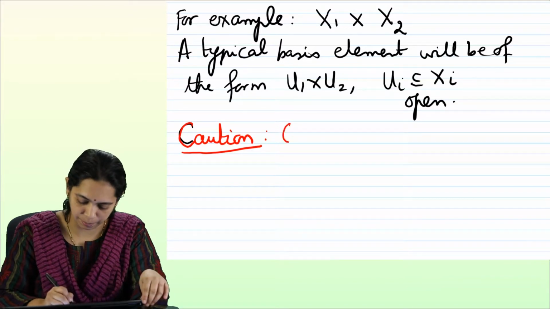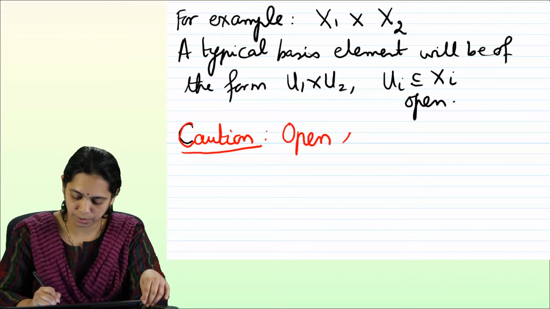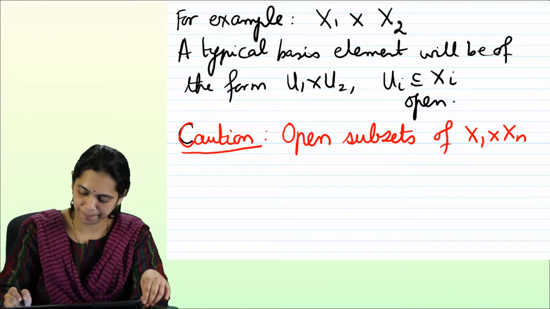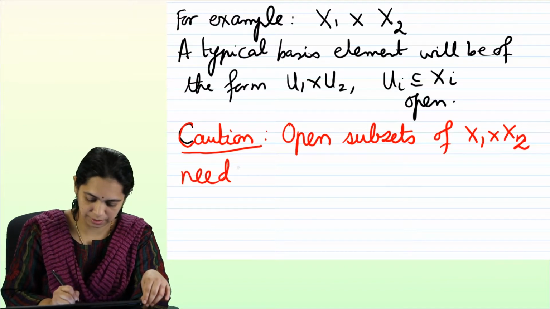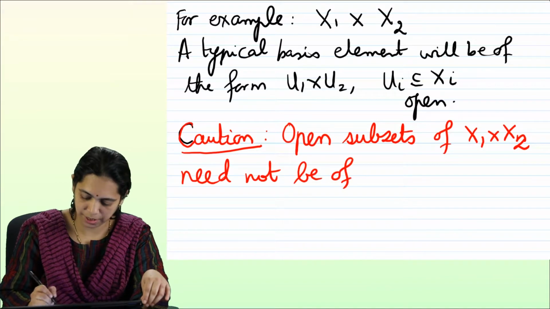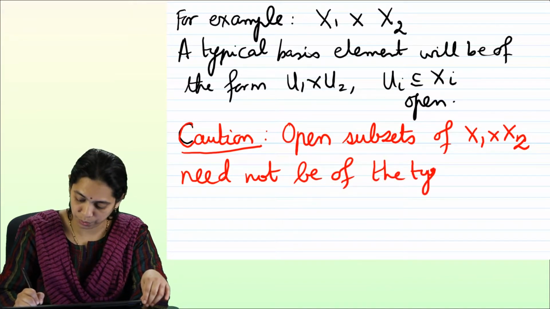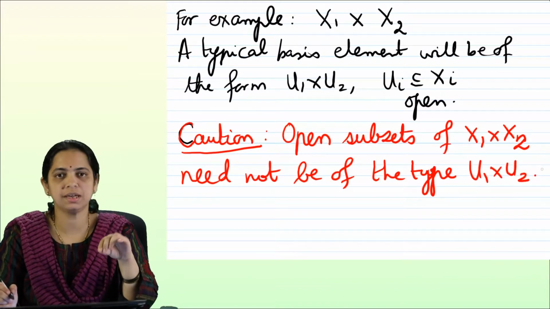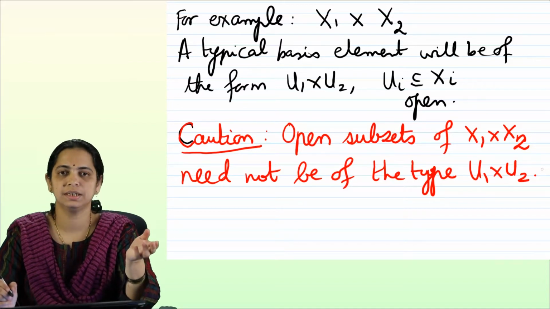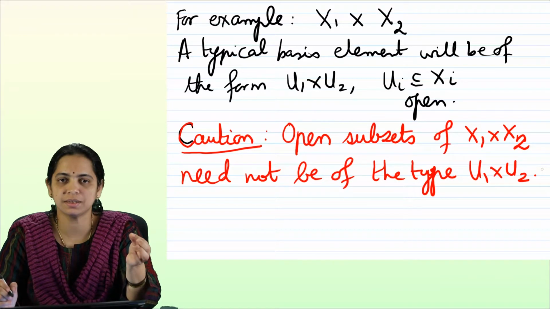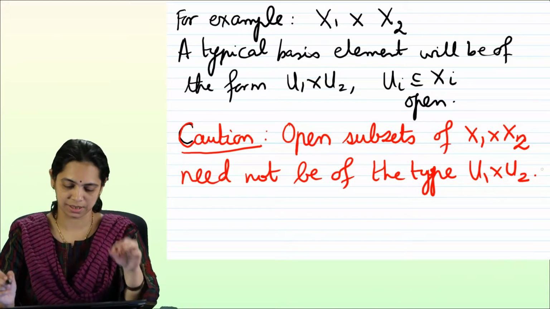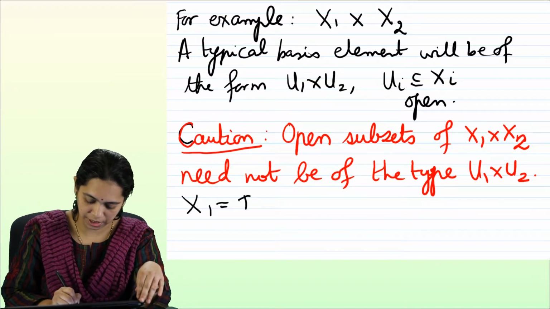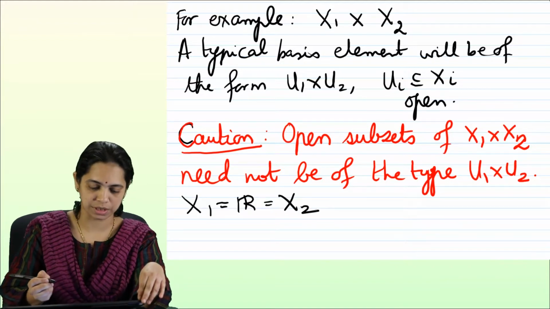In general, the caution says open subsets of X1 cross X2 need not be of the type U1 cross U2, because you are taking the topology generated by a basis, and we have seen in the previous videos that topology generated by a basis consists of unions of basis elements. For example, to be more concrete, let us take X1 to be R, and X2 to be R, with the standard topology.